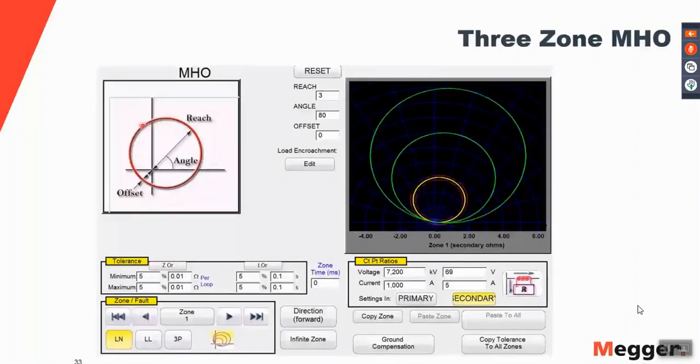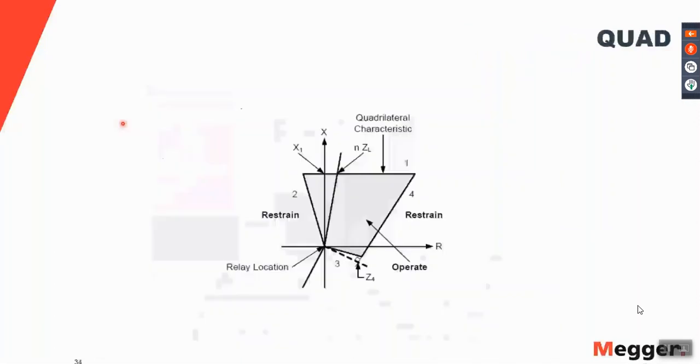But you have no way, unless you supervise it with a reactance line like this, of creating this type of characteristic. Now the quadrilateral is also very popular, especially now with digital relays, because you can create and recreate at will this type of characteristics.